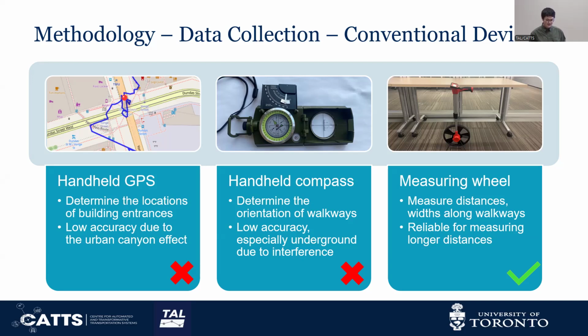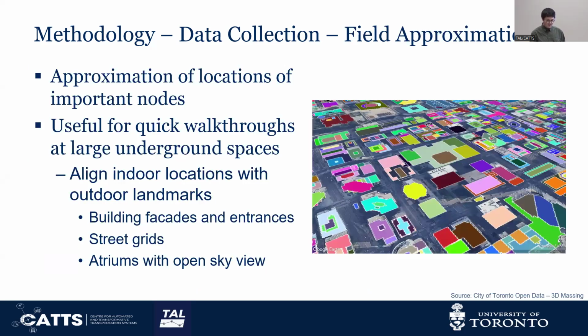So the one device that worked quite well for us was a measuring wheel. We can use that to reliably get the widths and lengths of the elements we want. Because of the limited options we had, at many places we had to resort to approximation methods.